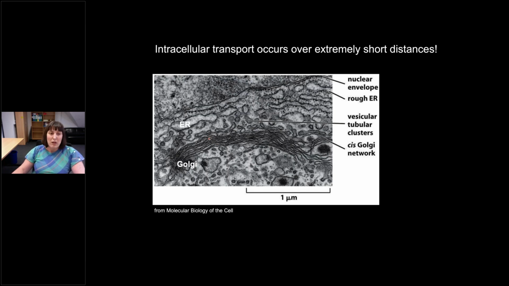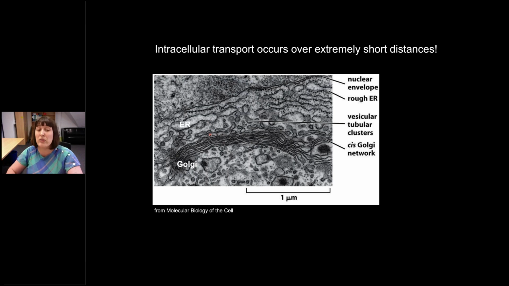This is the textbook electron micrograph, and this is what the Golgi looks like. It's a stack of flattened cisternae. If this is the Golgi and this is the endoplasmic reticulum, and this is a 1 micron scale bar, if a vesicle needs to bud from the Golgi and then fuse with the ER, it will only need to travel a few hundred nanometers.